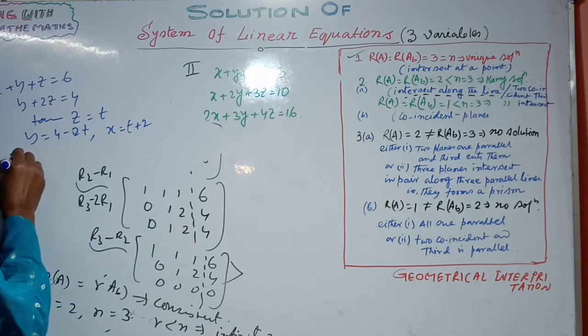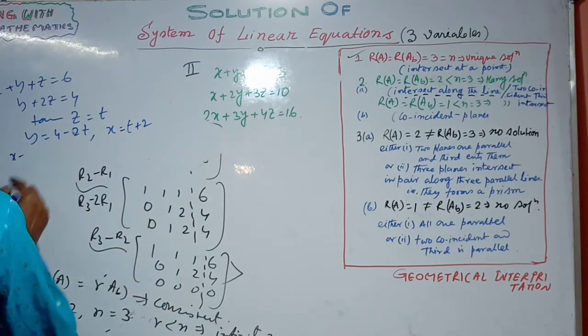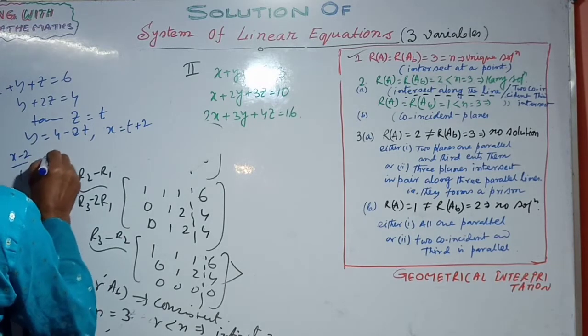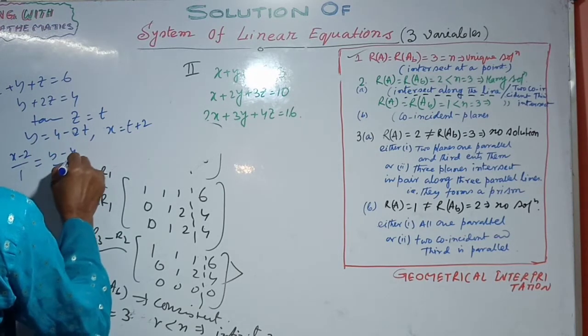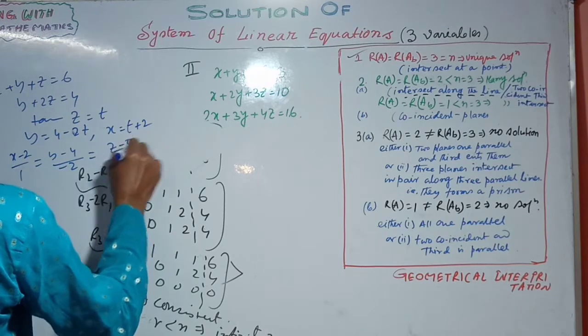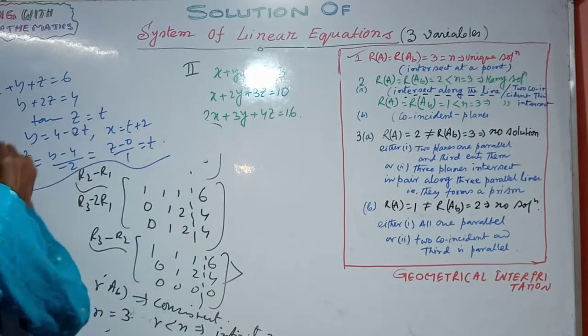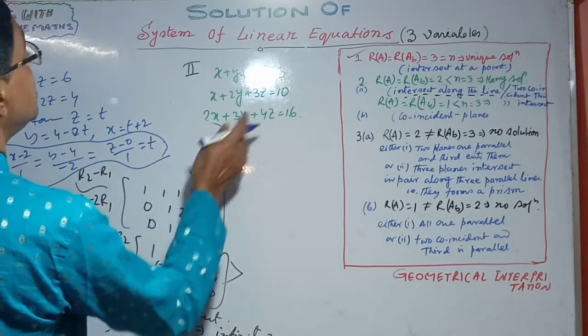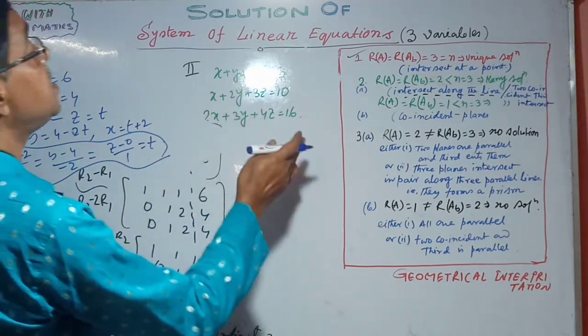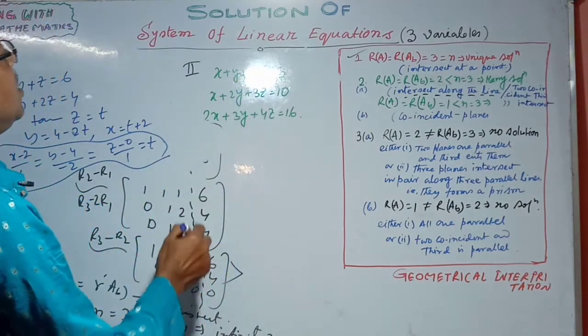So (x minus 2)/1 equals (y minus 4)/(minus 2) equals (z minus 0)/1, which is the equation of a line. Thus, three planes intersect along a line.